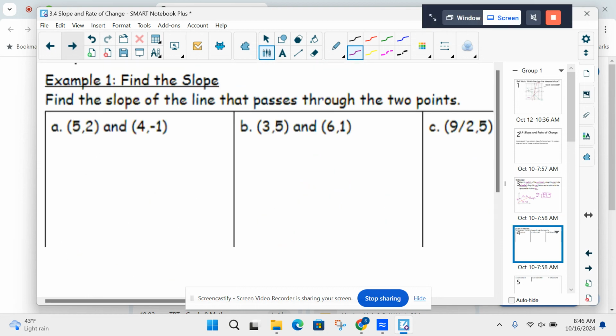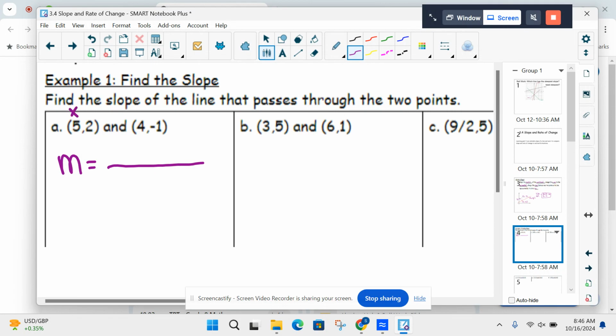So let's practice. Our first points are (5, 2) and (4, negative 1). So we're going to find the slope between these 2 points. I always like to set it up as m equals, and then draw a fraction bar. So we'll do our y2 minus y1. If it helps, you can label them.